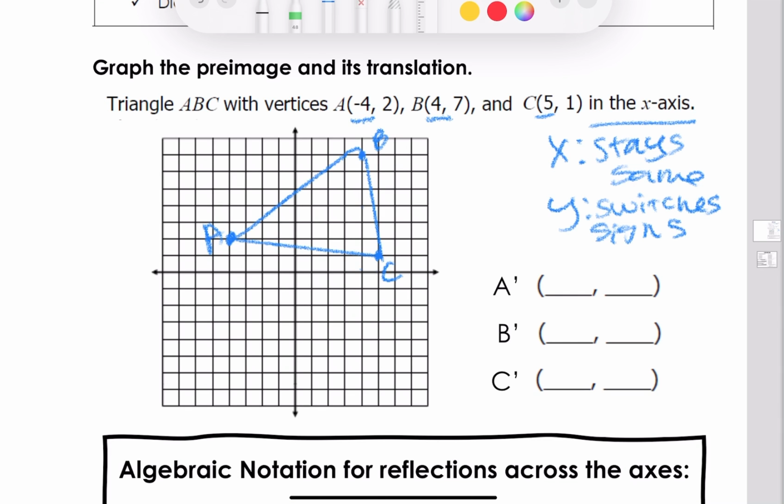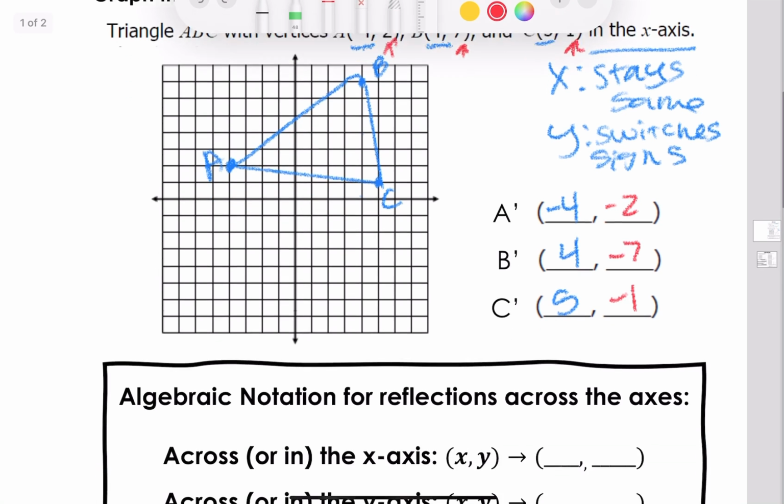Over the x-axis, keep the x the same: -4, 4, 5. Then your y value is going to switch signs. This was a positive, becomes a negative. Was a positive, becomes a negative. Was a positive, becomes a negative. If it had been a negative, then we would have just written a positive 1 instead.